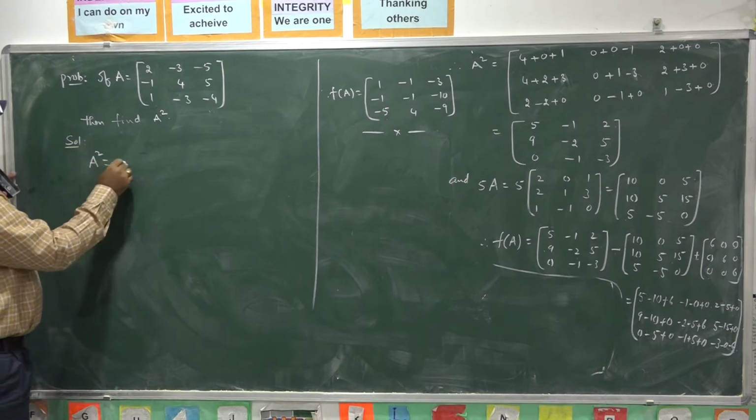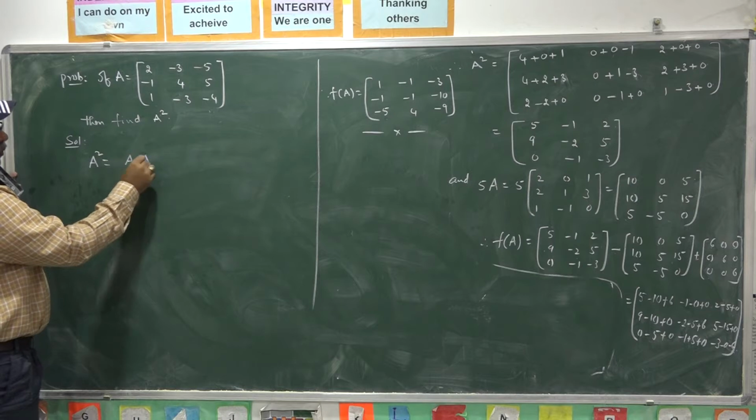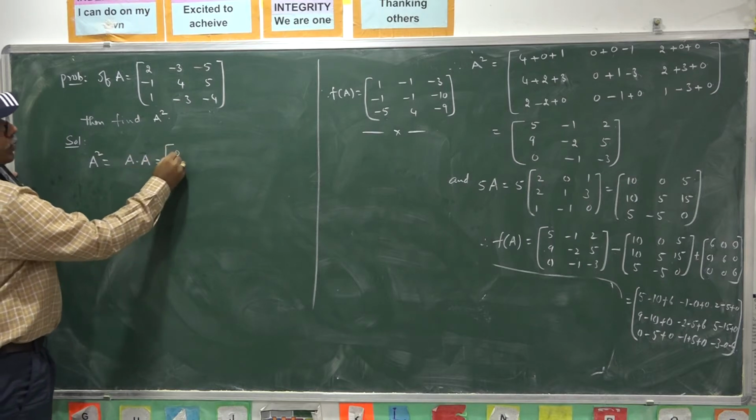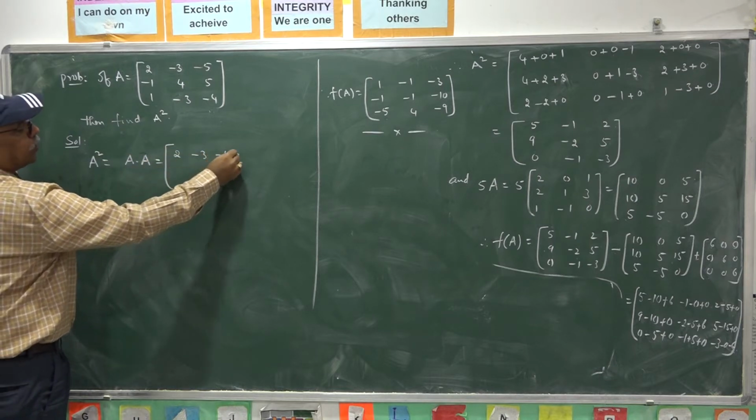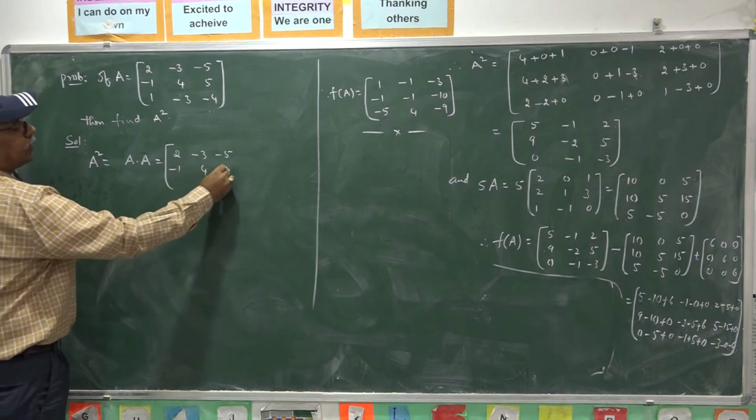A square is A into A. A into A means you have to take the product of A with A itself.